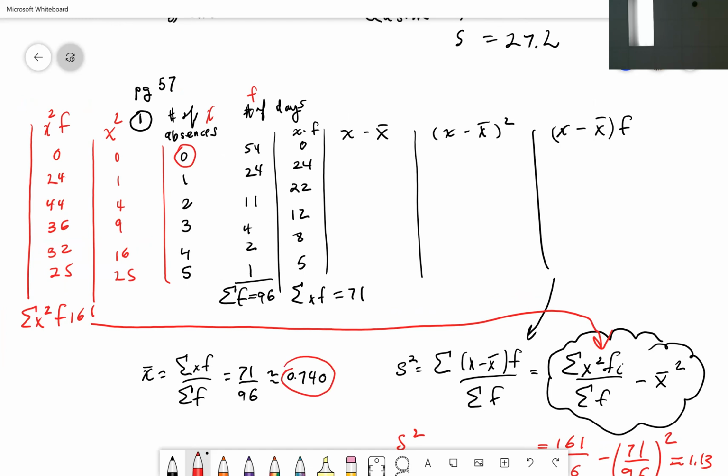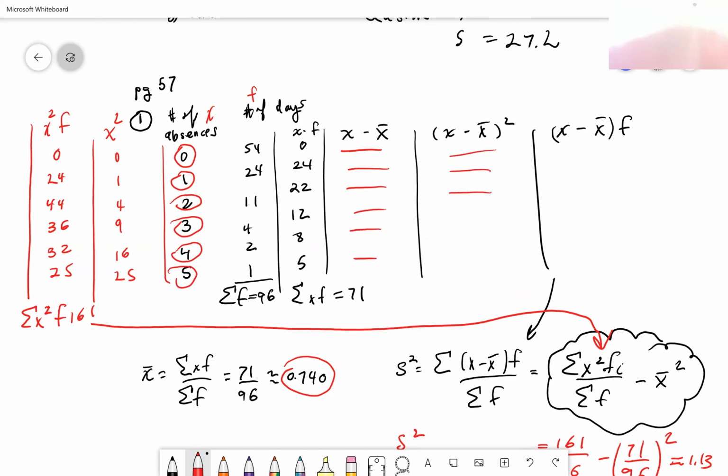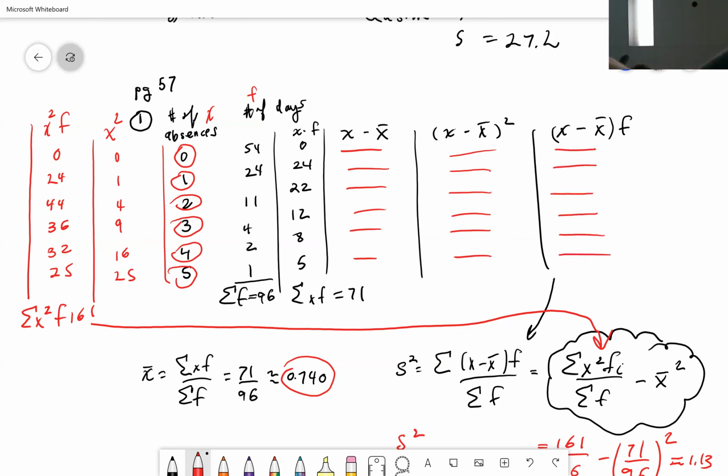Obviously, it would be better if it wasn't rounded. You write it here and repeat that over and over again, right? You get all of them, little by little. Then you square it, then you multiply times the frequencies, and then you add it all up here.